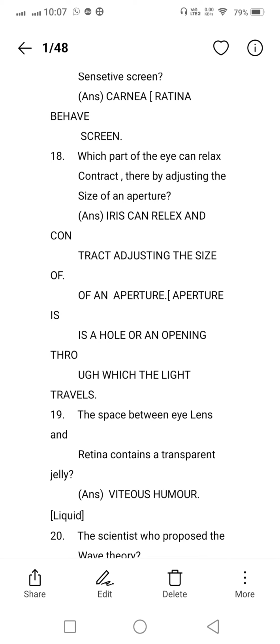So we are segregating all the bits for each lesson. Then we will introduce each chapter, for example the light lesson. After physics, chemistry and biology, we will go through all three subjects lesson-wise.